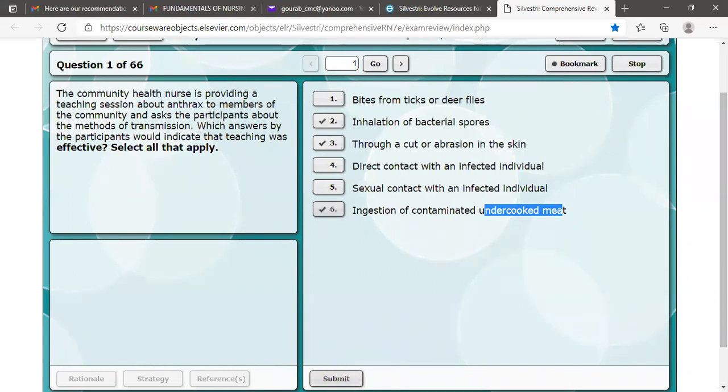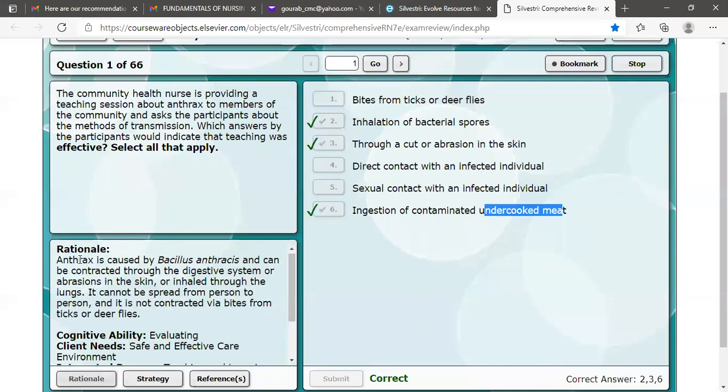So what is the rationale here? They said anthrax is caused by a bacteria we call Bacillus anthracis and can be contracted through the digestive system or abrasion of the skin.